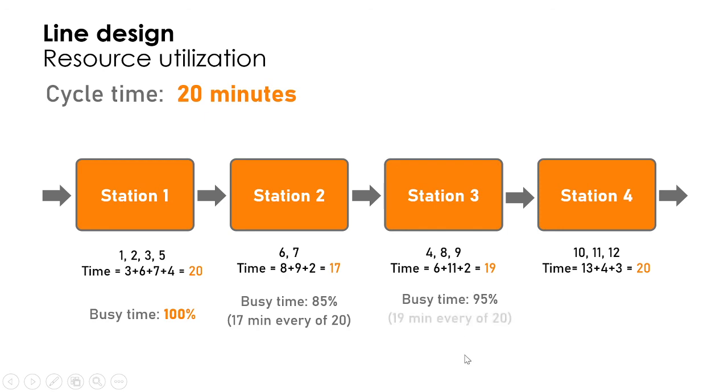We can do the same math for station 3, so we expect 95% busy time for this station, and finally we expect station 4 to be busy 100% of the time because it's working 20 minutes out of 20, all day long, or during all the time the production line is working.